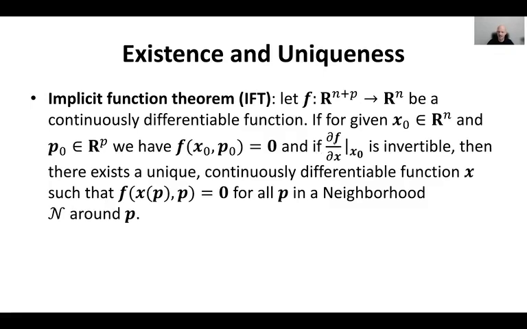And if additionally df dx is invertible, well, then there exists a unique continuously differentiable function x, such that f of x of p is equal to 0 for all p in a certain neighborhood around p0.